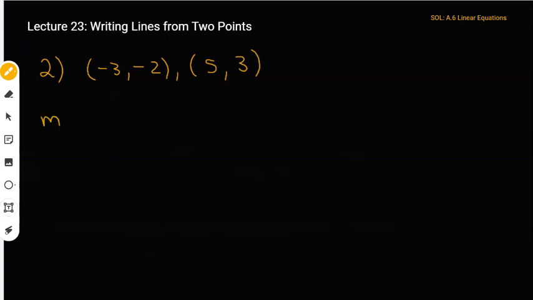So for the slope formula, I'm going to subtract the y values on top. That's going to be 3 minus negative 2. And then on the bottom of the fraction, I'm going to subtract the x values. That's going to be 5 minus negative 3.